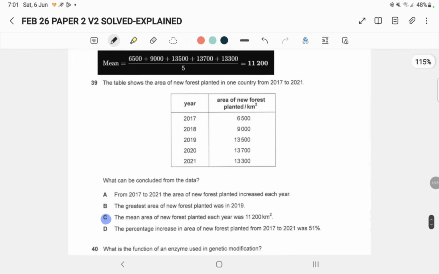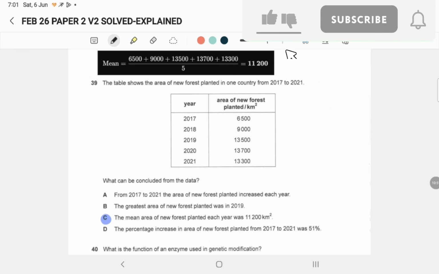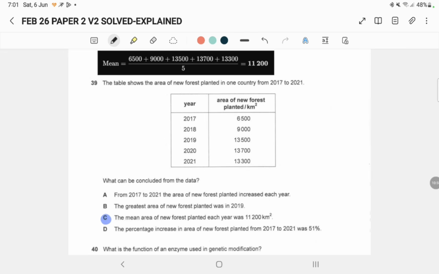Now for question number 39. What can be concluded from the data? Basically, the most suitable answer is letter C. Let us read it together. The mean area of new forest planted each year was 11,200 kilometer squared. I had calculated it for you here, guys.